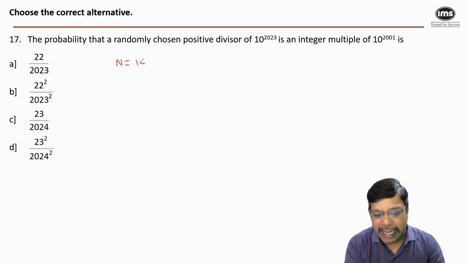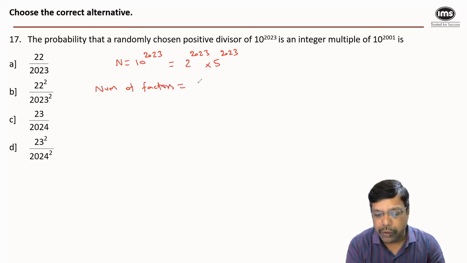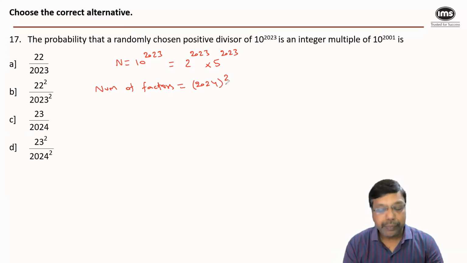So 10 power 2023 can be prime factorized as 2 power 2023 into 5 power 2023. Hence, total number of factors is equal to 2024 into 2024, that is 2024 square.